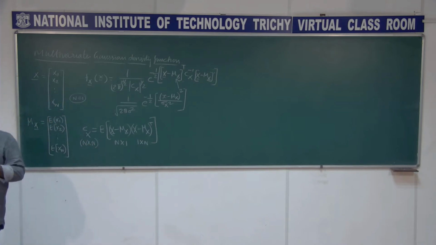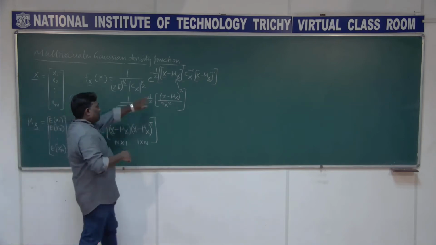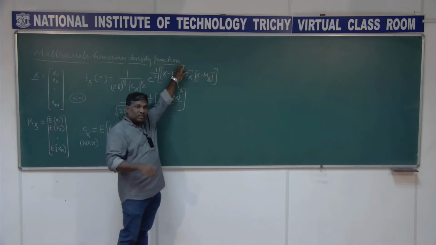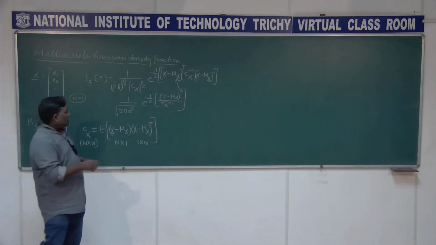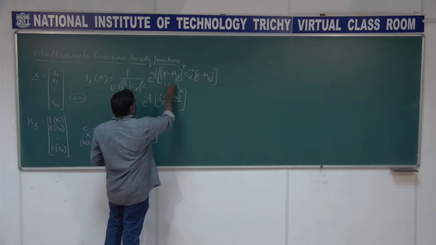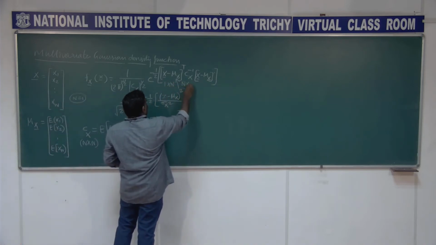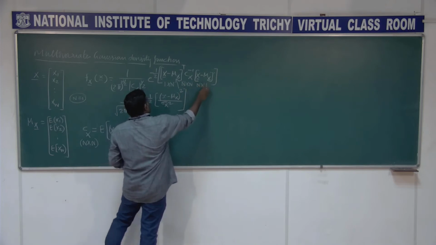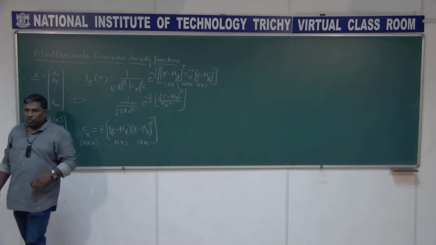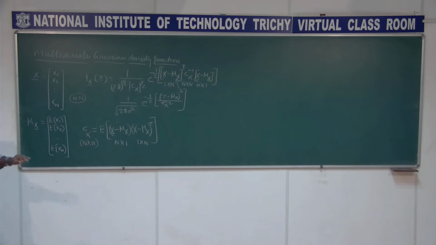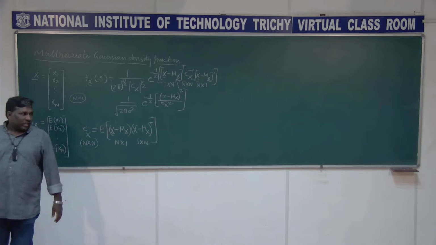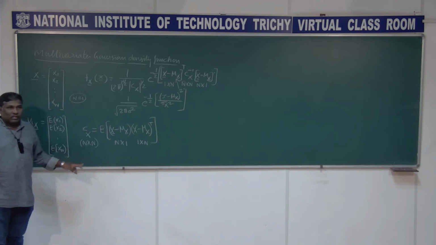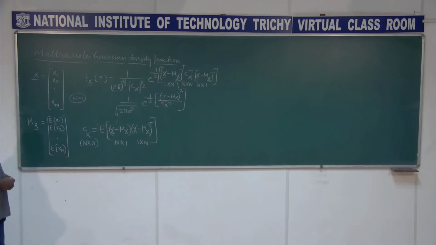Expectation of x minus mu x into x minus mu x the whole transpose, but here it is the other way around. x minus mu x transpose will come first, because that ends up with the scalar: this is 1 cross n, n cross n, and this is n cross 1, so it ends up with 1 cross 1, the scalar. But here the covariance matrix ends up with a matrix of size n cross n. So this is the multivariate Gaussian density function.